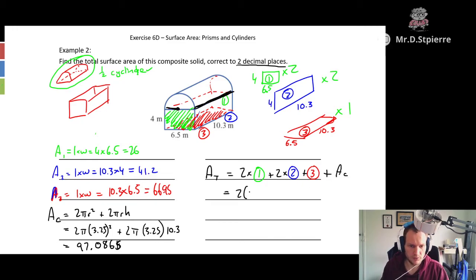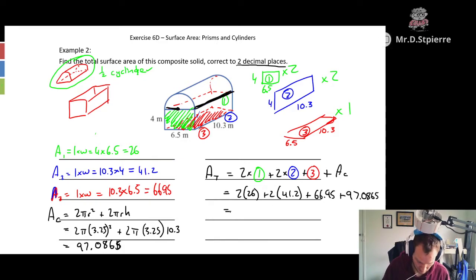So we get 2 by 26 plus 2 by 41.2 plus 66.95 plus 97.0865 gives me 298.4365.